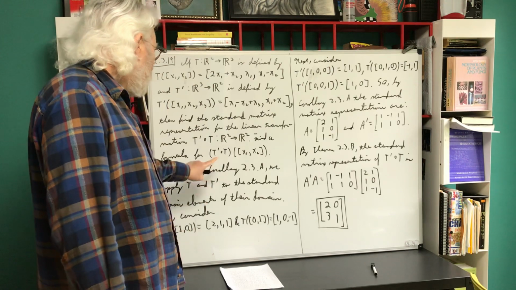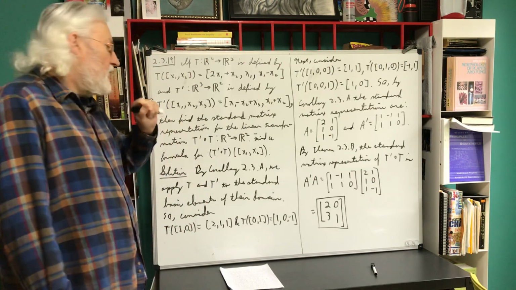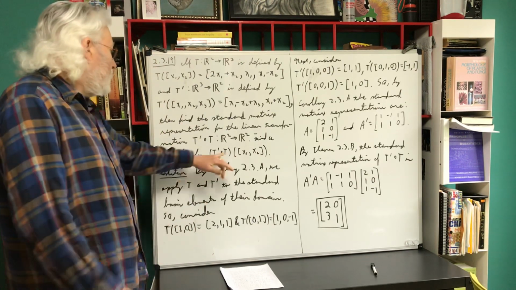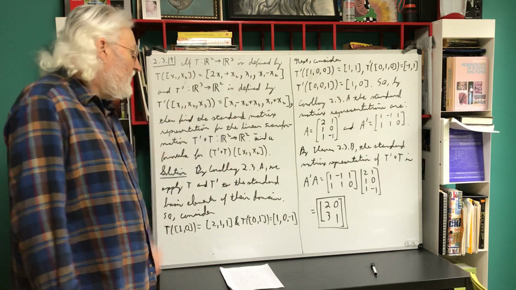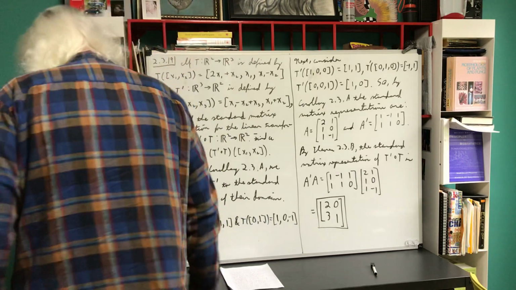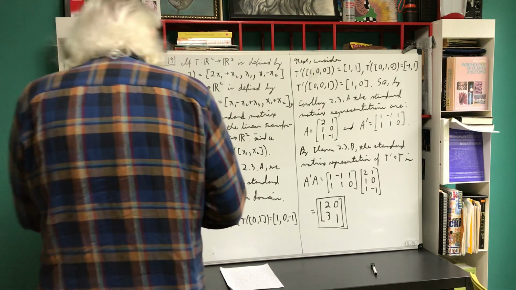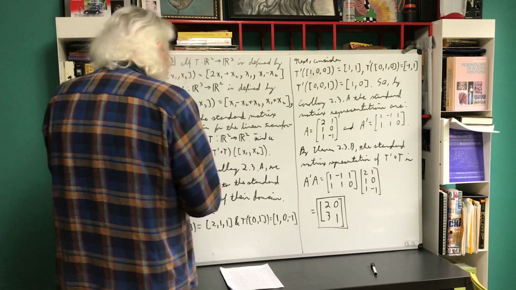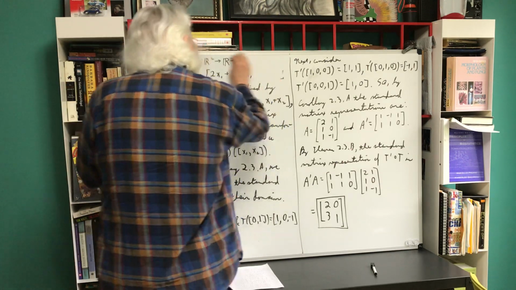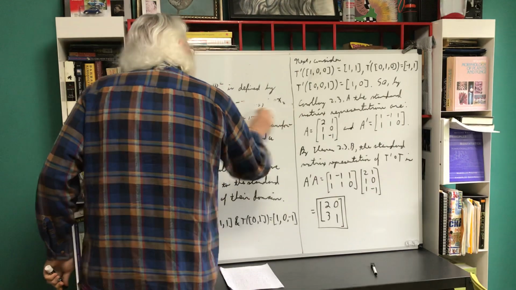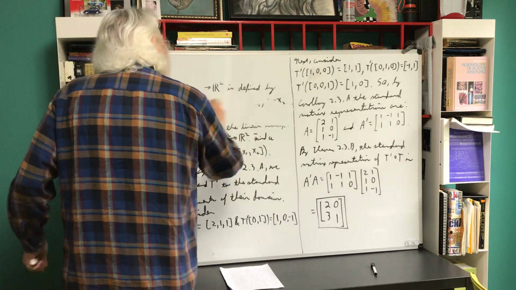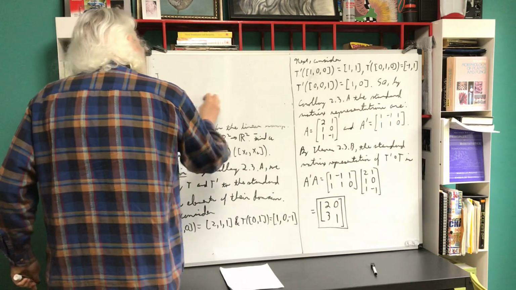Now they also ask us for a formula for the composition, and all we have to do for that is apply the composition to a vector of the form x1, x2. Since we have a standard matrix representation for the transformation, it's a piece of cake, it'll just be a matrix product.